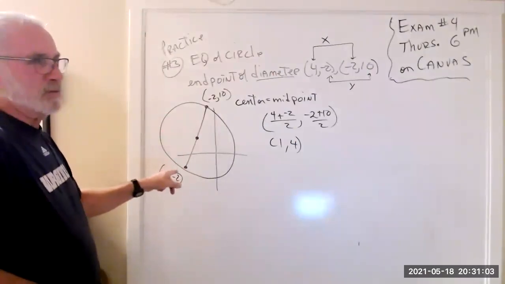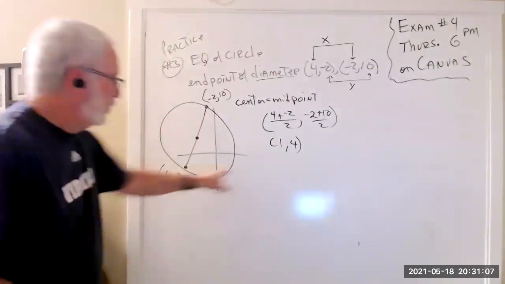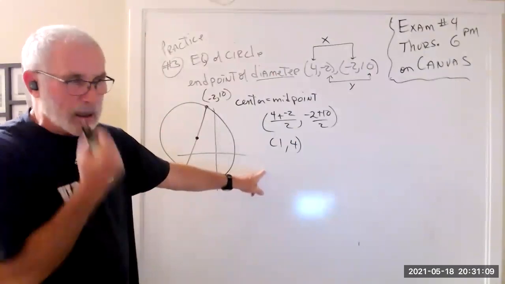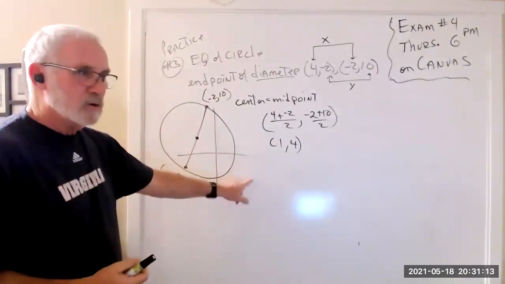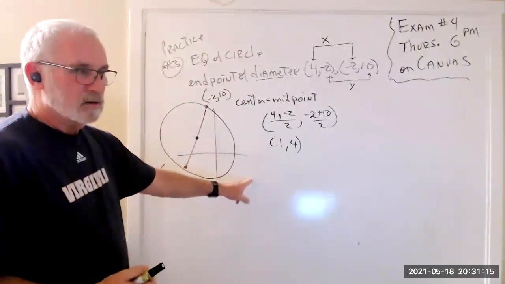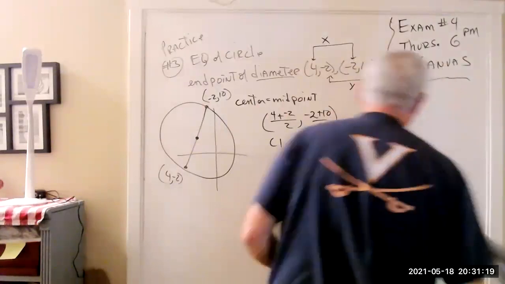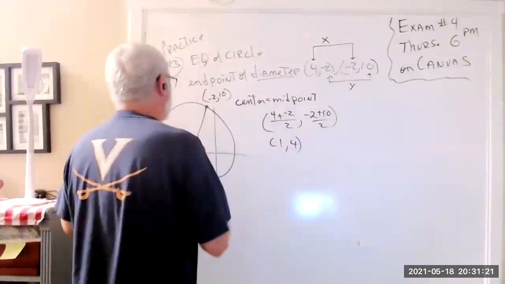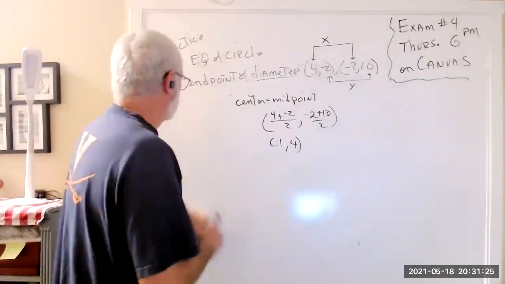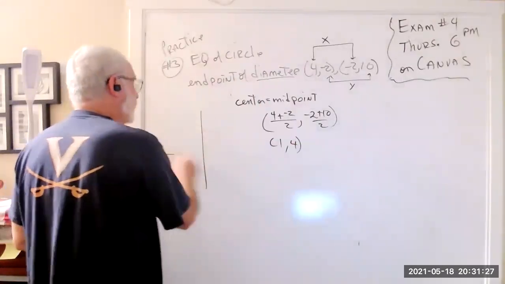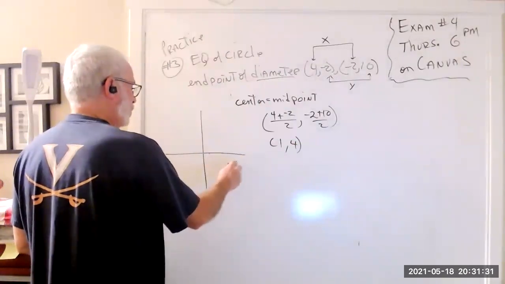The first point is graphed wrong. (4, -2) should be over here, 4 right and down 2. The math is going to work out right, just my drawing is wacko. Let's do it again. (4, -2): 1, 2, 3, 4, -2.